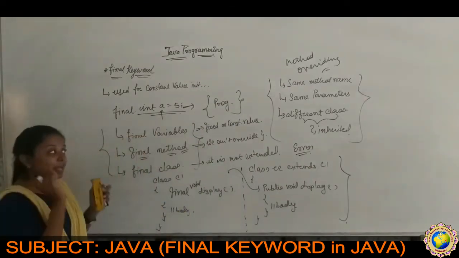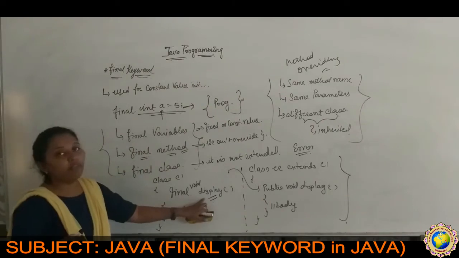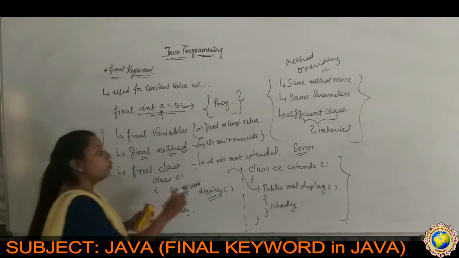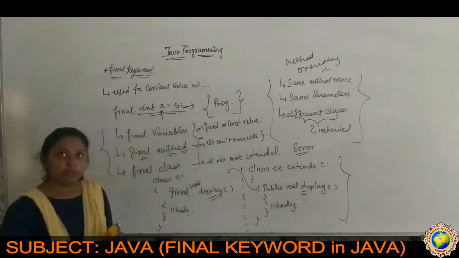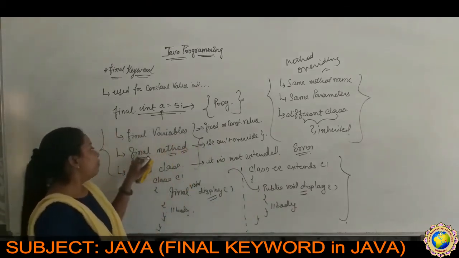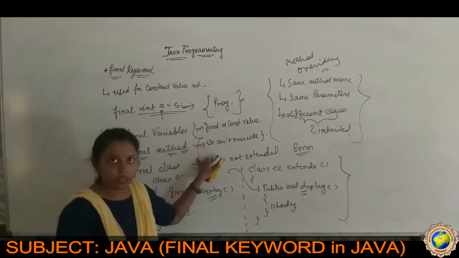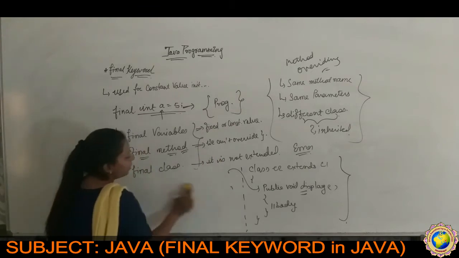Why? Because the method we have defined over there cannot be inherited, it cannot be overridden. So this is the funda of the final method. Let's see another example of a final method.